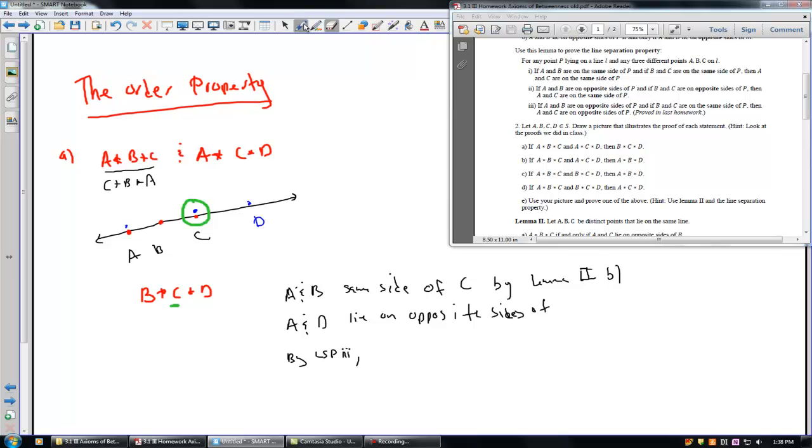Erase that. This should be C, okay? And so we have D and A lie on opposite sides of C, A and B lie on the same side of C, and I then just use line separation property 3 to say that D and B lie on opposite sides.